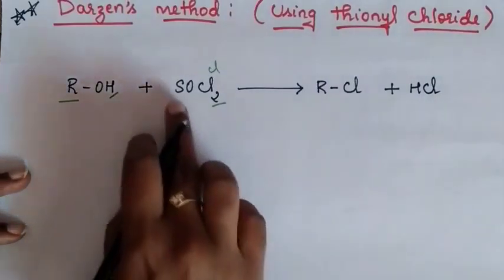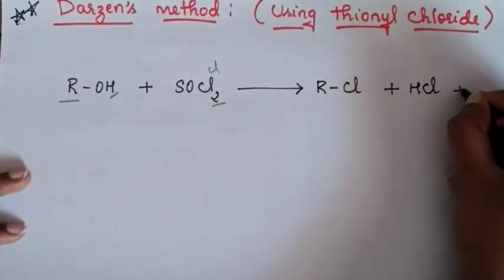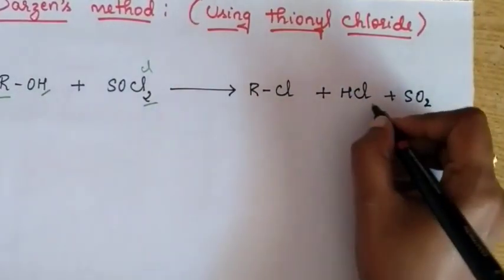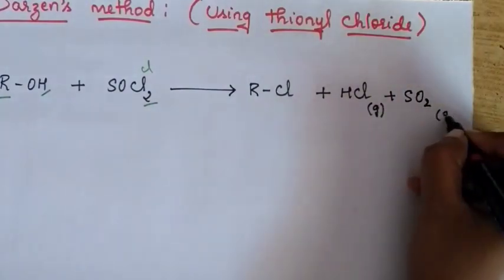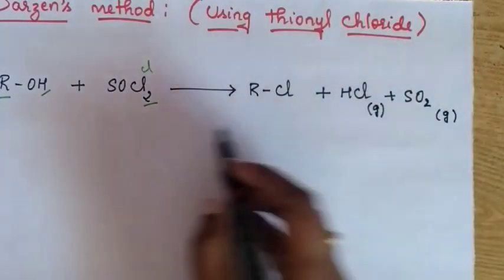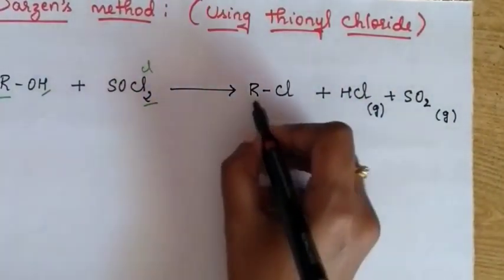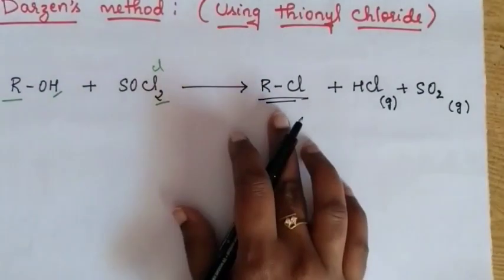What is left out now? SO is there and one more oxygen is there. So both will combine and form SO2. The interesting thing is, this HCl is also going to be in gaseous form, and SO2 is also going to be in gaseous form. So as soon as the products form, these gases are going to evaporate. So you will be left with only our main product, RCl, alkyl chloride.